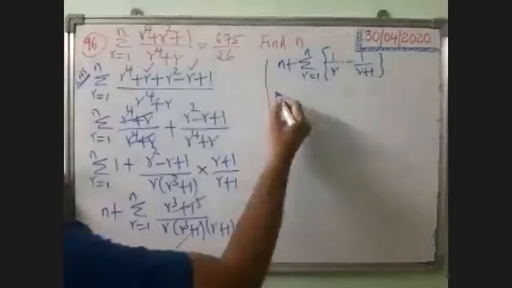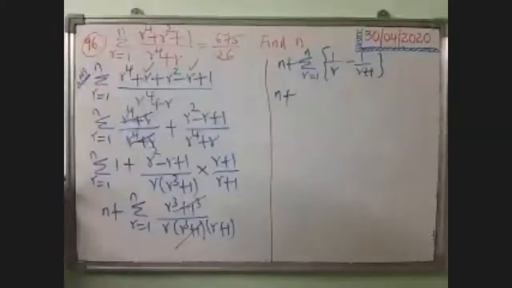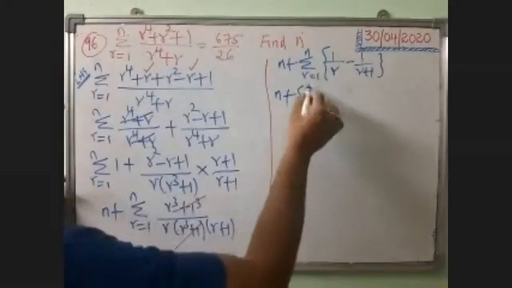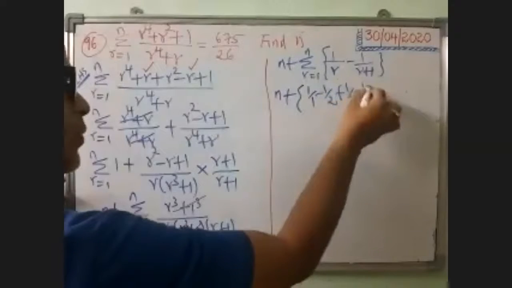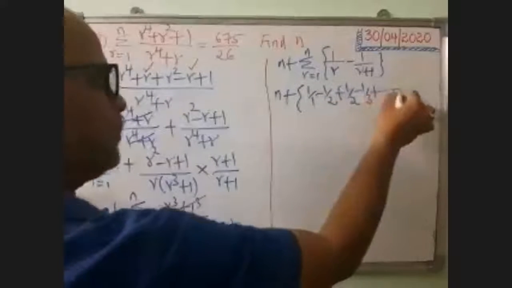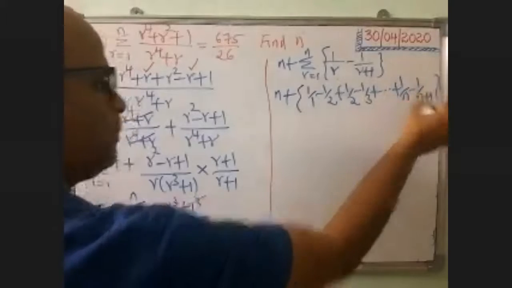Now you should write n plus, and for this you have to go on substituting the values from 1 up to n. I am getting 1 by 1 minus 1 by 2 plus 1 by 2 minus 1 by 3 plus so on up to 1 by n minus 1 by n plus 1.